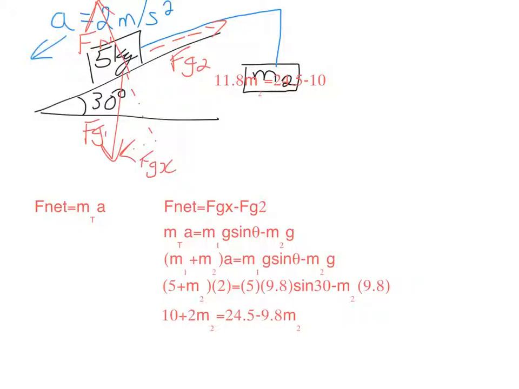And that's going to equal, just move that over here, it'll be 24.5 minus 10. And now I'm just going to divide this. So I will get 24.5 minus 10, of course, is 14.5.